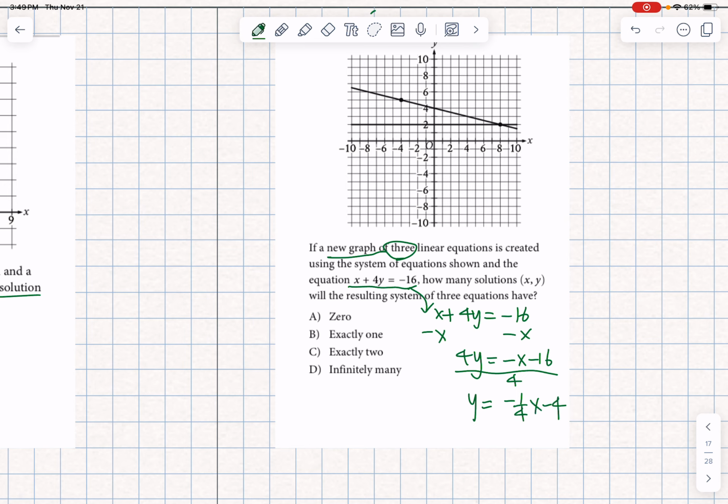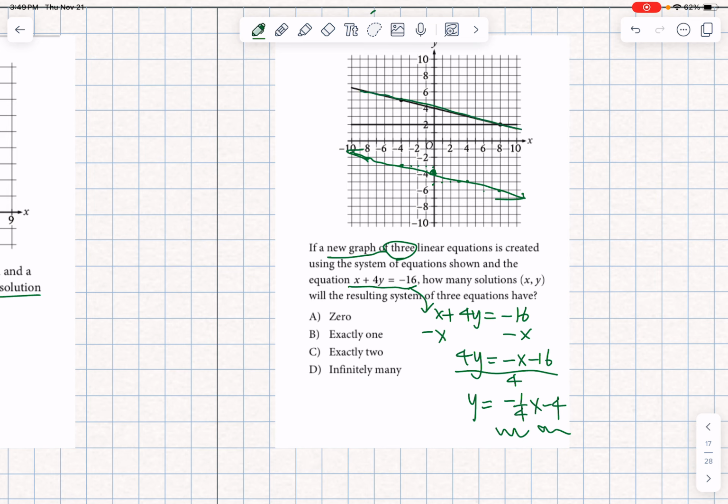If I try to graph it here, the slope is negative 1/4 and the y-intercept is negative 4. So the y-intercept is negative 4, and the slope is negative 1 over 4: down 1, right 1, 2, 3, 4. And if you go to the other side, the graph looks like this. This line here and this line here look parallel.